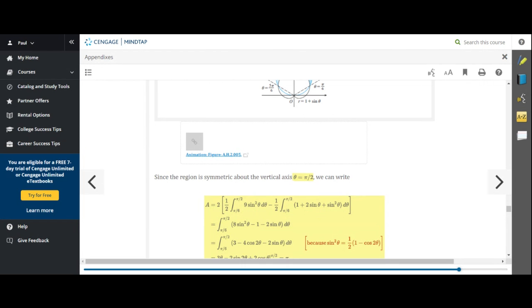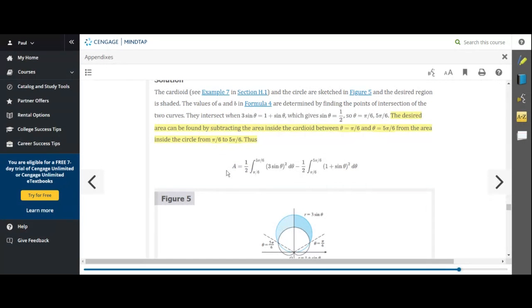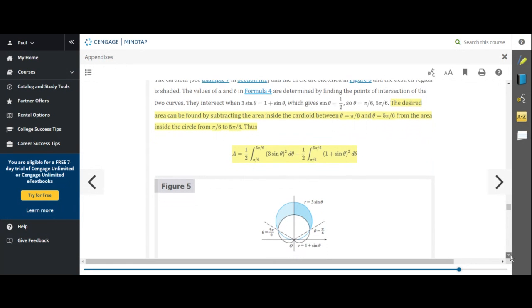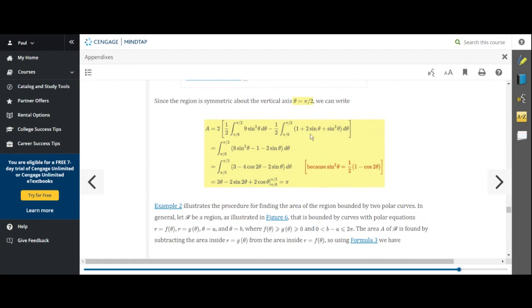You could just compute the area that they have here, but the calculations will be a little harder because you have like 5 pi over 6, that's 150 degrees, so you'd have to draw your reference angle and all that, and get the right value. But pi over 2 is easier.